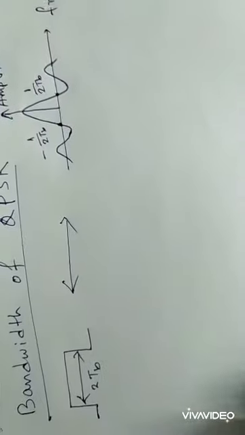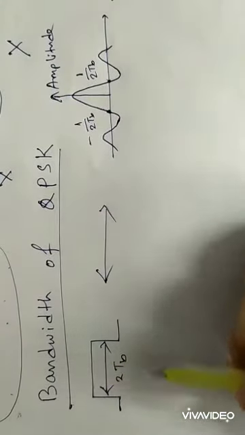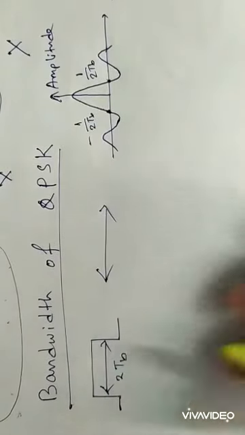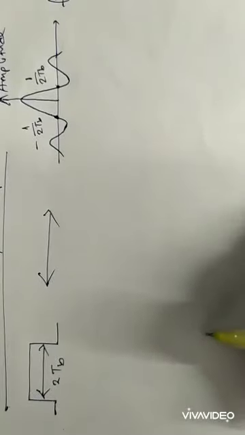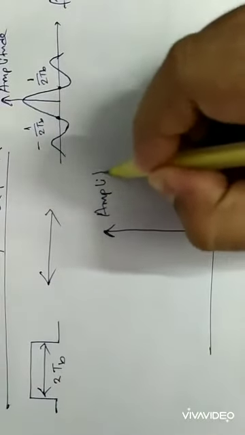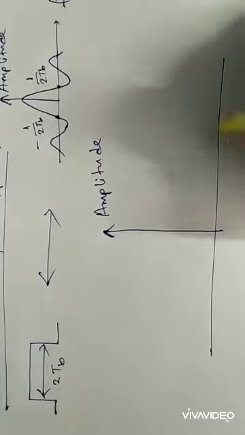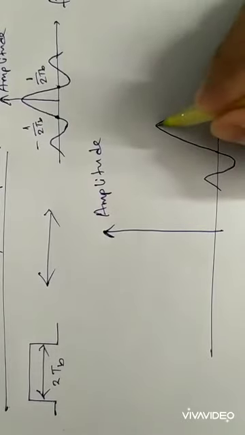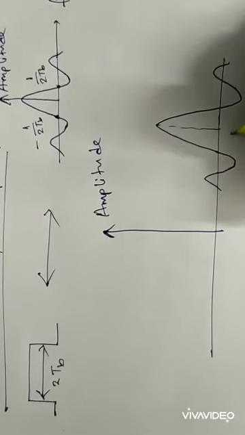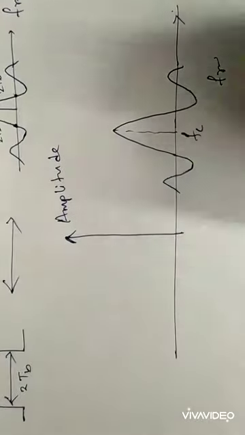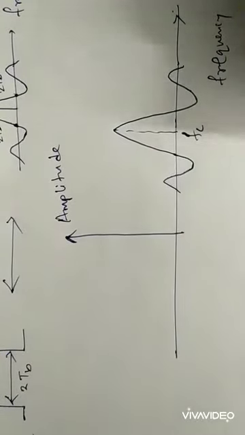Now, in QPSK I multiply this signal with a sinusoidal signal of frequency omega c. In the frequency domain, this is the amplitude, and this should be fc or omega c. Here you plot the frequency.